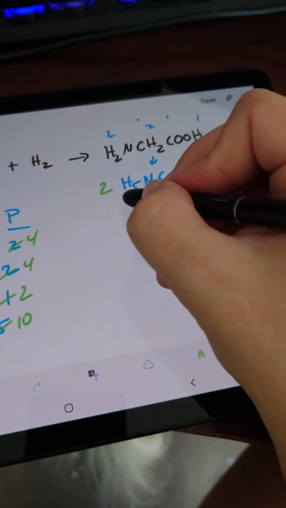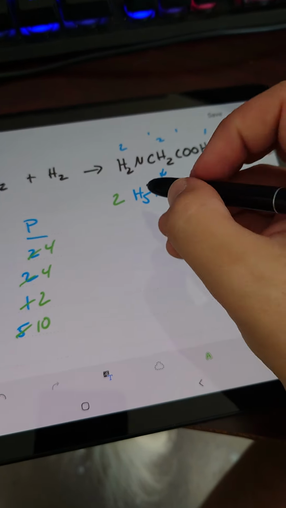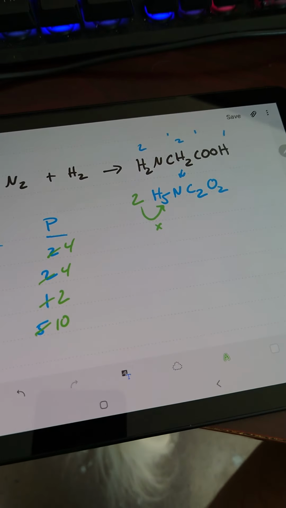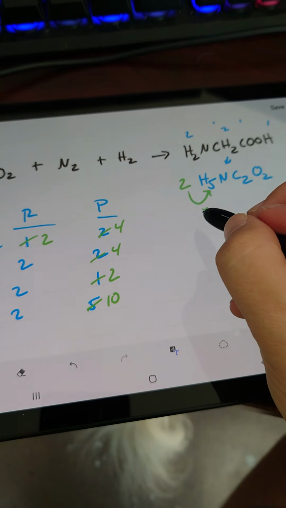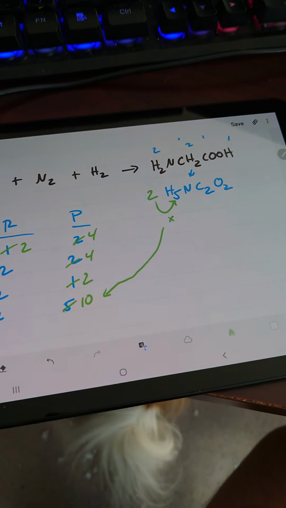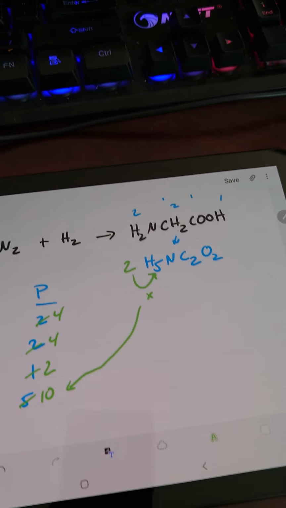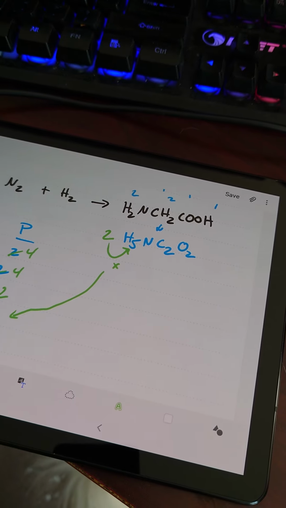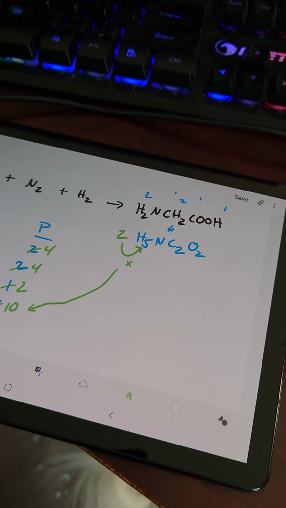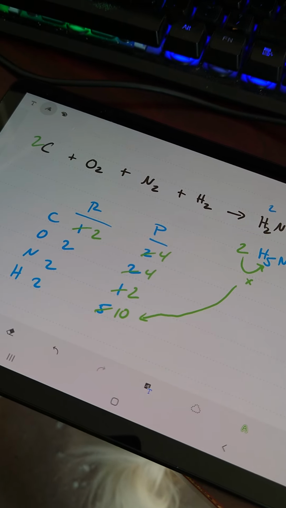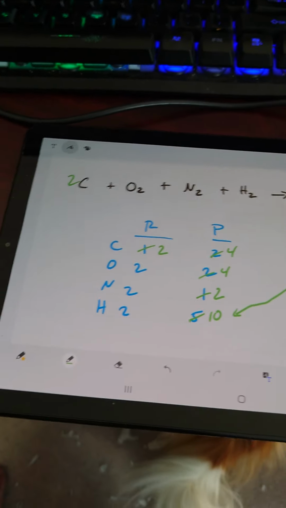Remember, in order to get the number of the element, you have to multiply your coefficient by your subscript. That's how I got 10 hydrogens out here. The subscript tells you how many are in one molecule, and the coefficient tells you how many of that molecule you have. So we have 2 glycines. Each glycine has 5 hydrogens, so overall we have 10. Now we'll fix the rest.